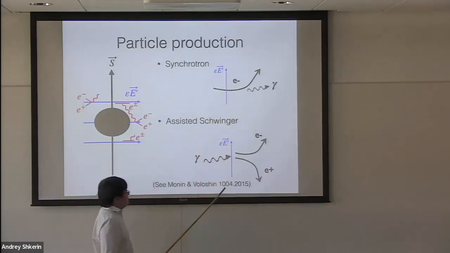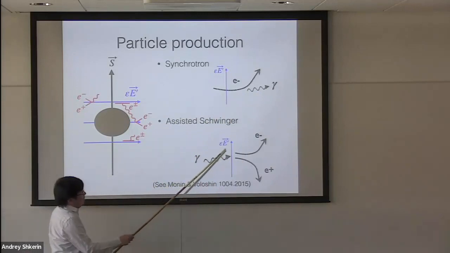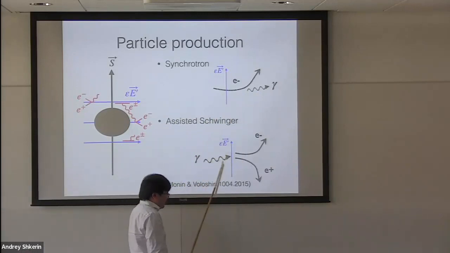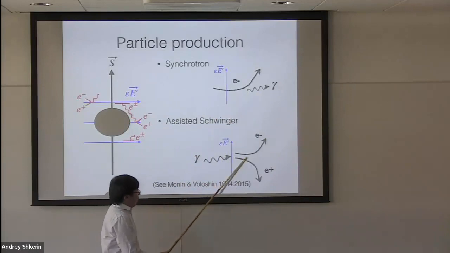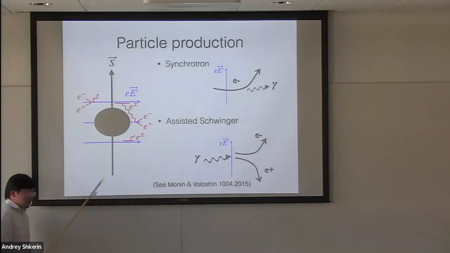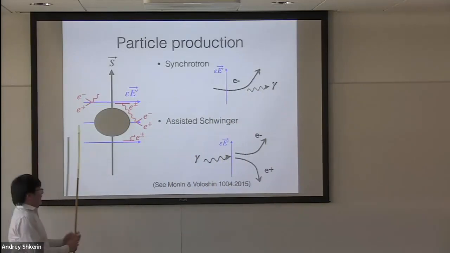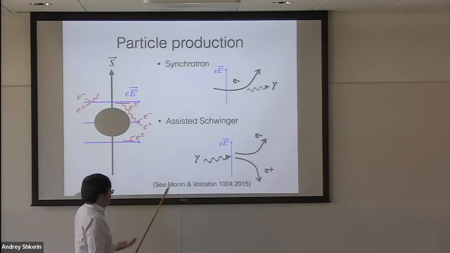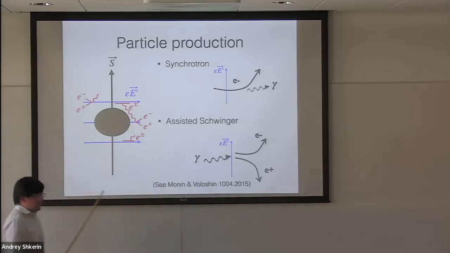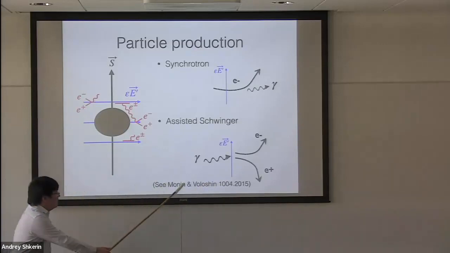It will emit synchrotron radiation, and this radiation will then interact with the electromagnetic field and pair produce. This process is called assisted pair production. It's much more efficient than the normal pair production, and the rates are summarized very nicely in this paper by Max Morning, I think there's a student here, and also the great Michel Roche.